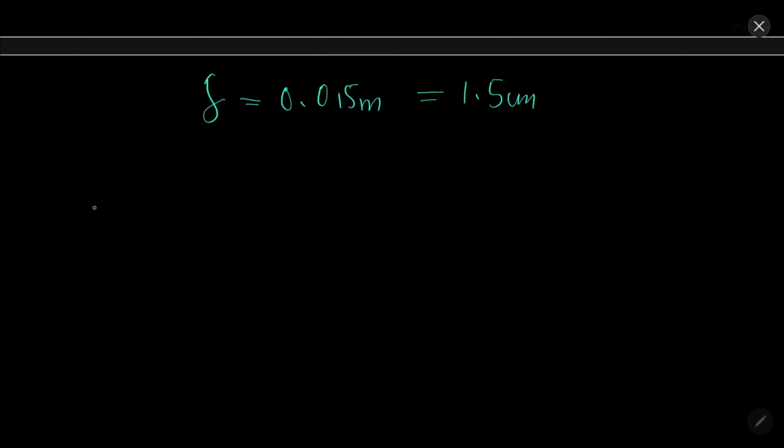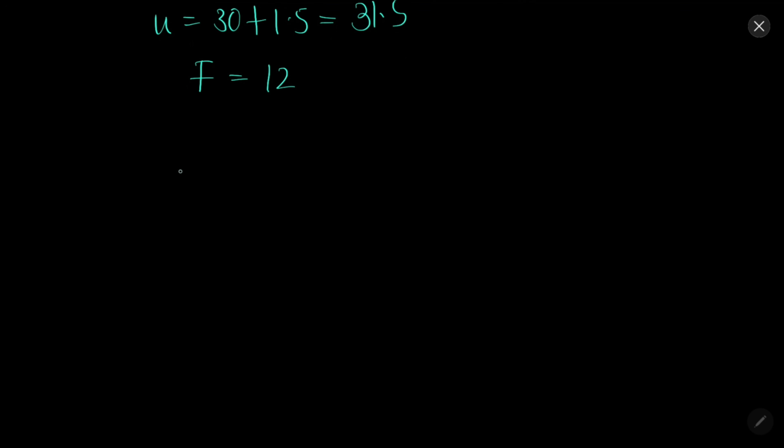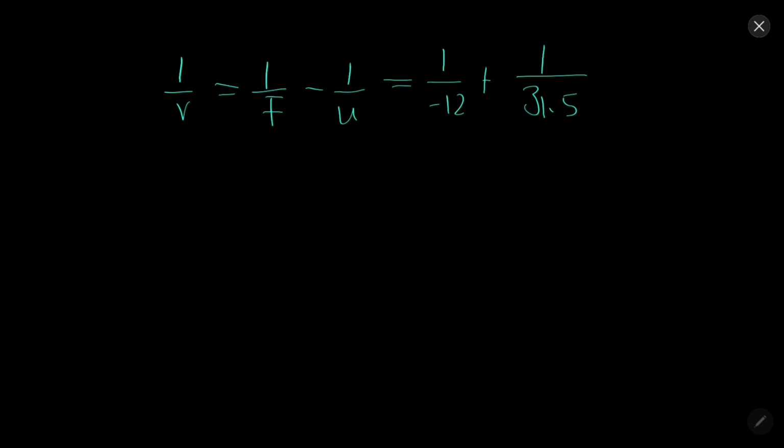By this, the values that we will have is that u will be 30 plus 1.5, that is 31.5. F will be 12. So ultimately 1 by v equal to 1 by f minus 1 by u, minus 1 by 12 plus 1 over 31.5.